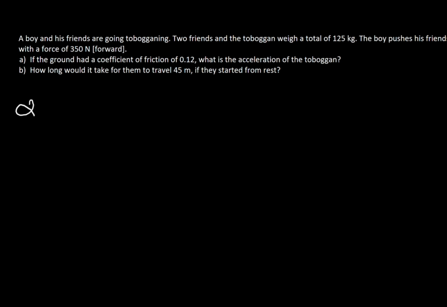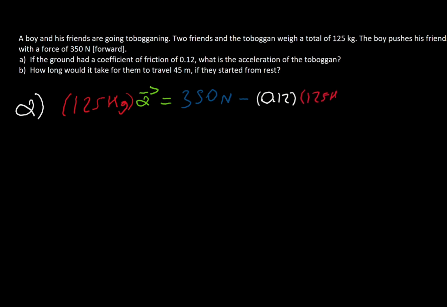Let's fill in all the information that we are given. We know the mass is 125 kilograms, and then the acceleration is the variable that we were trying to find. The applied force of the push is 350 newtons. The coefficient of friction is 0.12 multiplied by the mass of 125 kilograms multiplied by the gravitational field of Earth, 9.81 newtons per kilogram.